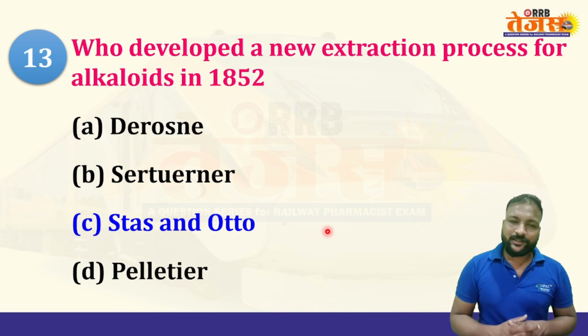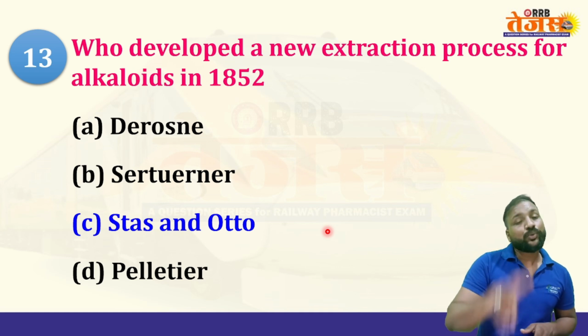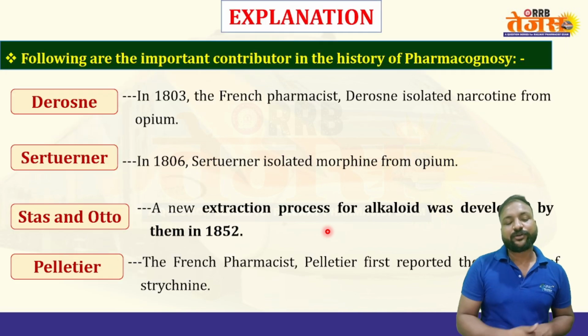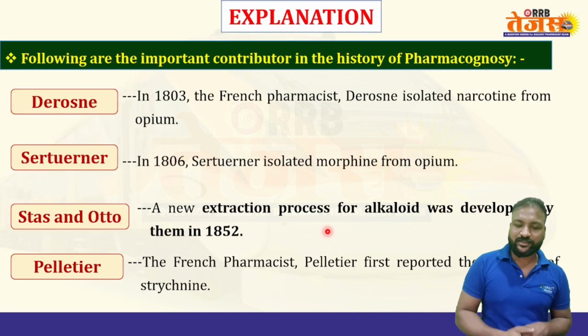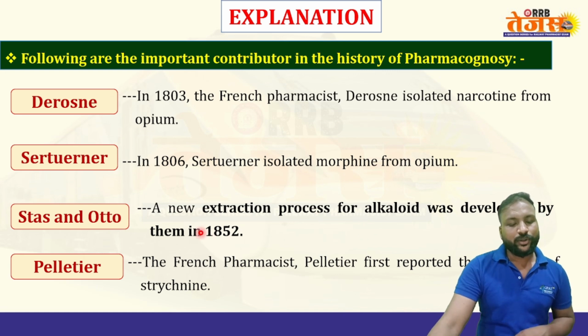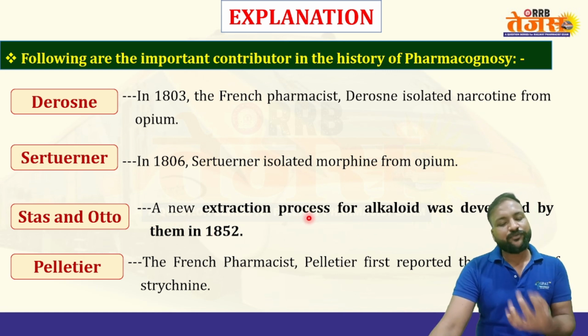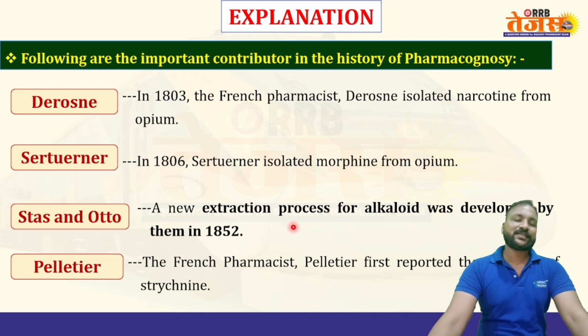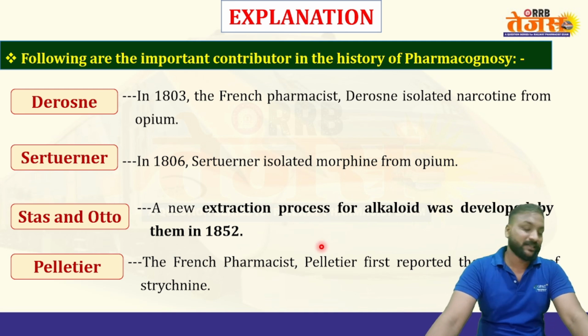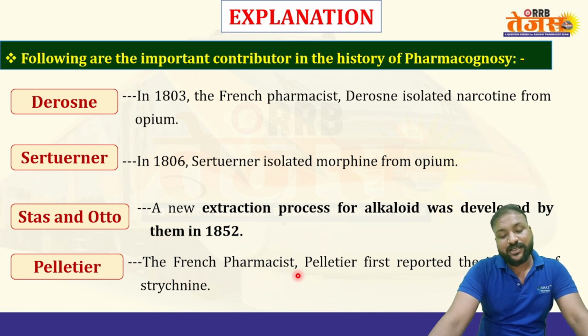As I said, these are the two important scientists who developed a method to extract alkaloids from the plant structures. A new extraction process of alkaloids was developed by Stas and Otto in 1852. Whereas Pelletier, the French pharmacist, reported the first isolation of strychnine.